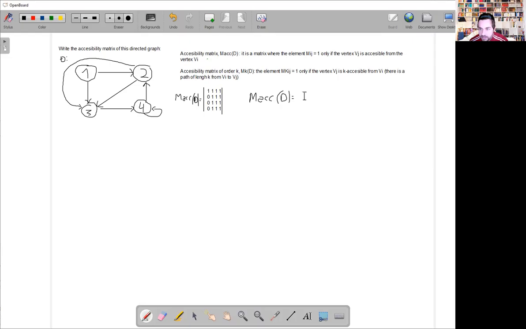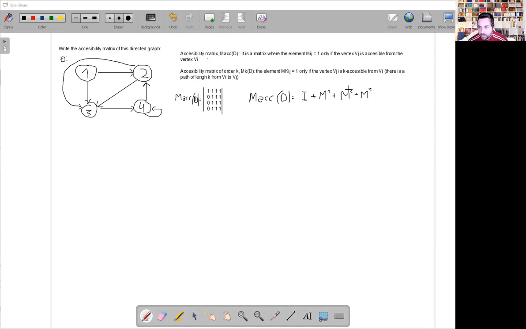The identity matrix is the one that has ones on the main diagonal, right? And then we need to add the accessibility matrix of order 1, the accessibility matrix of order 2, and the accessibility matrix of order 3.